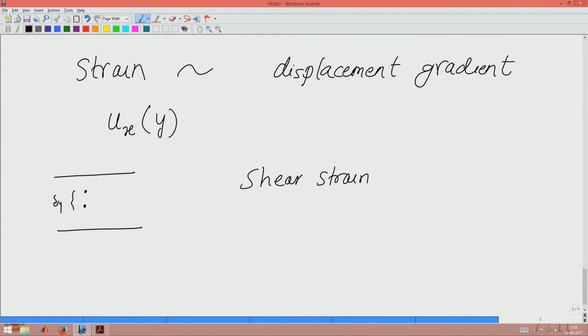In this case the original length will be in y direction and the displacement is in x direction. That is how the angle comes in. The shear is measured using this angle, because this is the displacement and this is the original length.